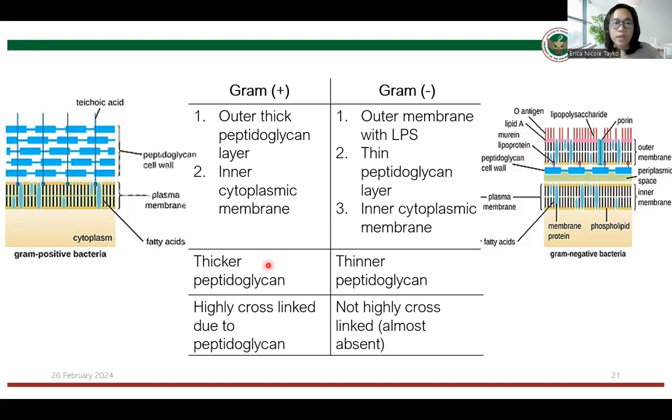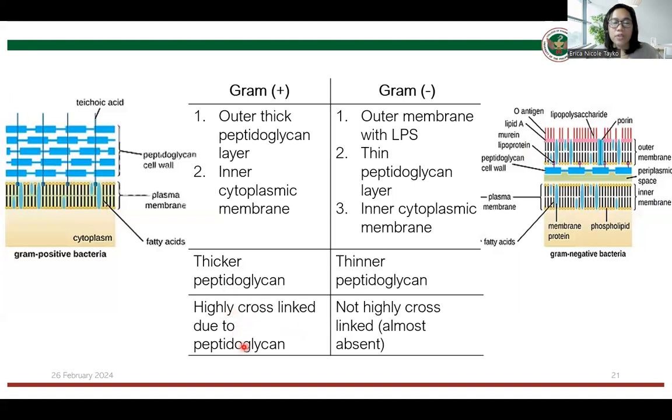So because of the presence of a thicker peptidoglycan layer, so pag sinabi kasi nating peptidoglycan, peptides plus glycans or your mga carbohydrates in nature. So, since maraming strands ng mga peptidoglycan, there is a chance that these peptidoglycan strands would interact with each other.